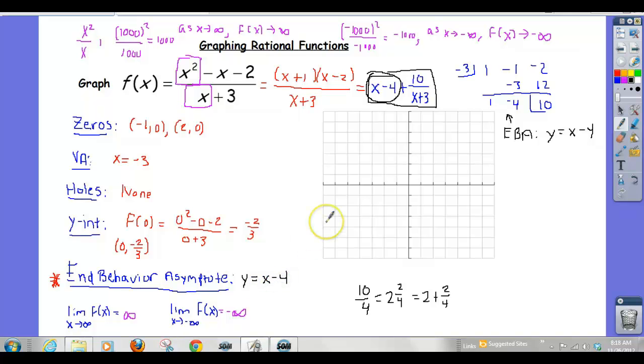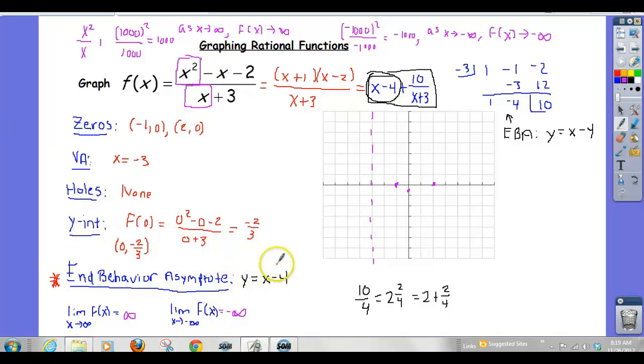All right, and so now we're ready to graph it. And that's sort of the last piece after all this analysis. I've got my 0s at negative 1, 0, and 2, 0. I've got a vertical asymptote at x equals negative 3. I've got no holes. I've got y-intercept at 0, negative 2/3, so roughly here.